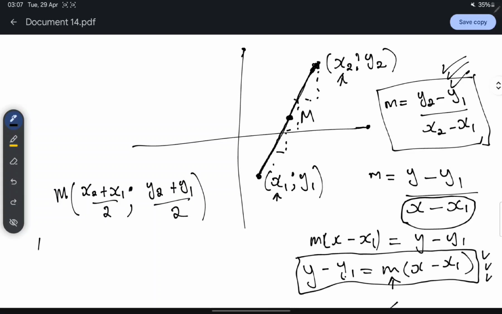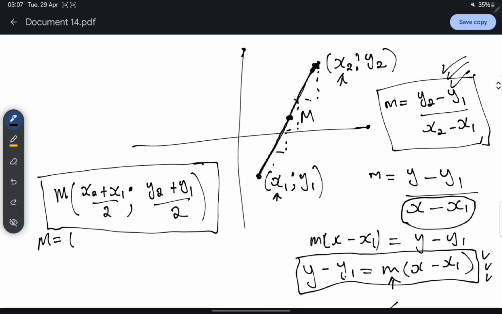Mind you that it is wrong to say m is equal to x2. It's not an equation, it's a coordinate. So a coordinate is denoted like this. Alright, then we call this the midpoint formula.